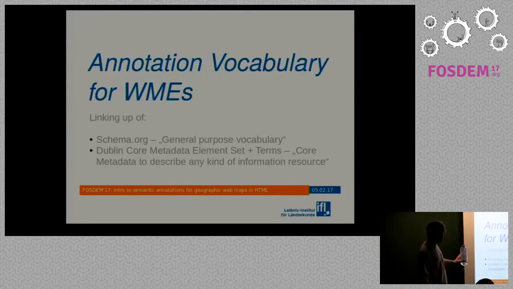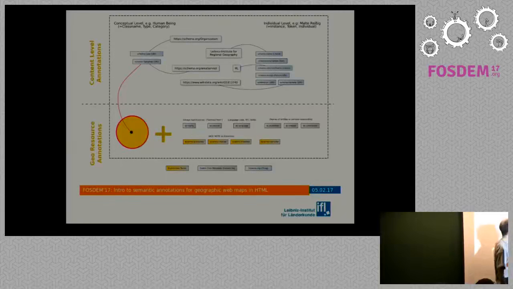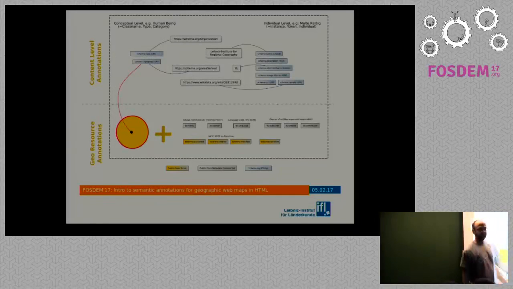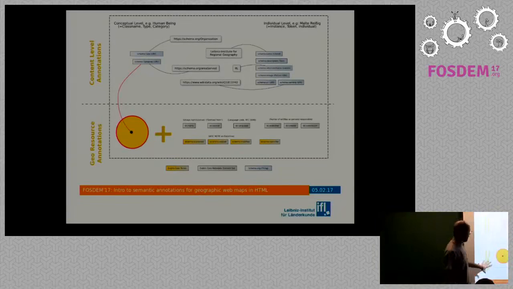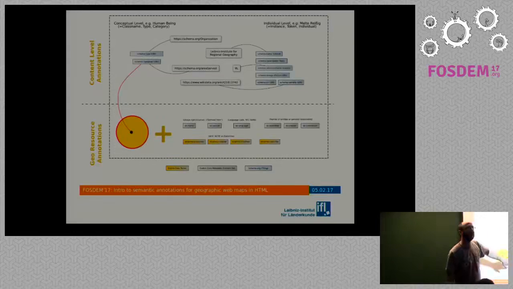Yeah, so I will shortly present the vocabulary I used. So this is basically the schema.org vocabulary to describe a web map element. And this is a relation I explained in the beginning, like in which relation does this content stand to the geographic data. And this is basically the annotation for the geographic data. And this is all schema vocabulary, and this is all Dublin Core vocabulary.